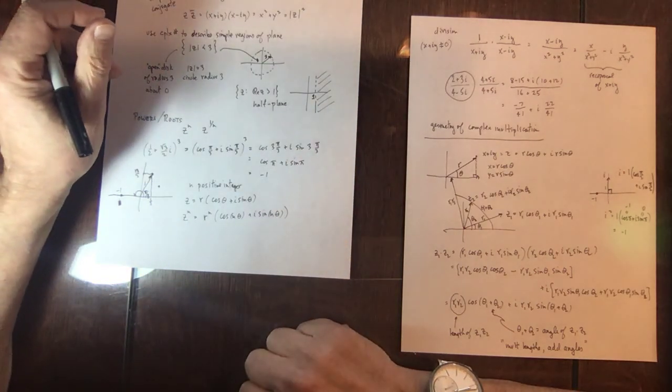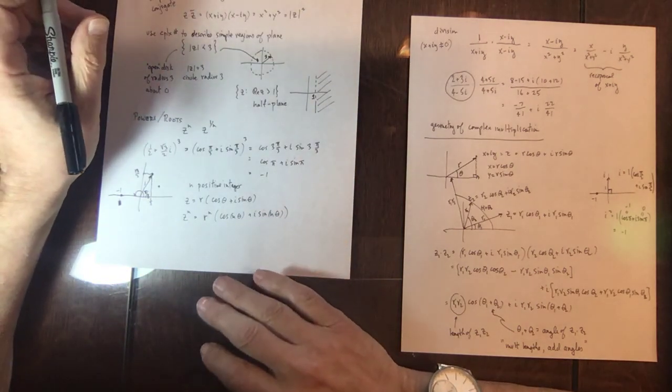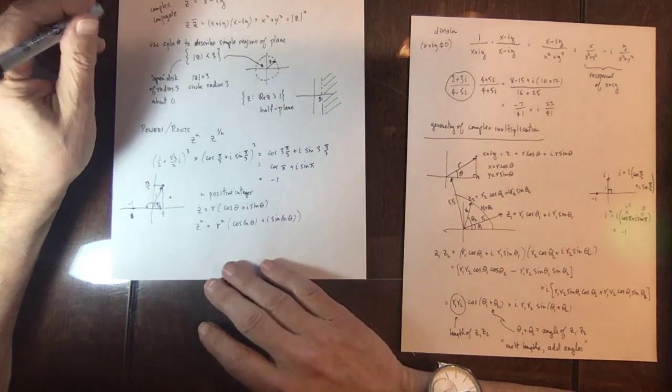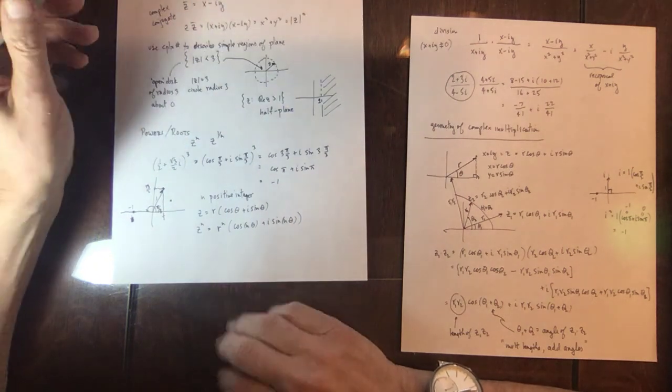So I get that complex number. All right, so there's a simple formula giving you powers.